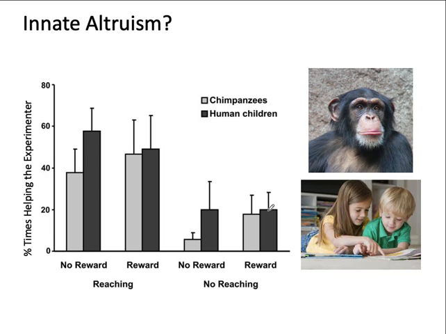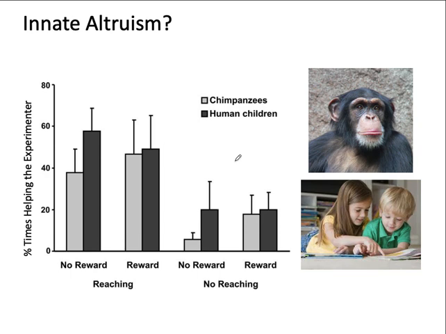However, interestingly enough, the difference is much more dramatic between humans and chimpanzees when there's no reward and the experimenter's not reaching. So in other words, humans are much more likely to help the individual pick up the thing they dropped, even when there's no reward and they're not even trying to retrieve the item.